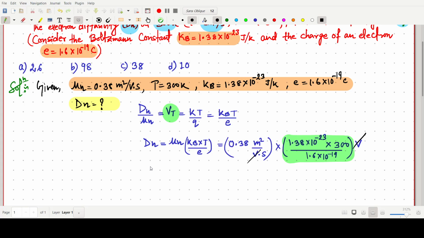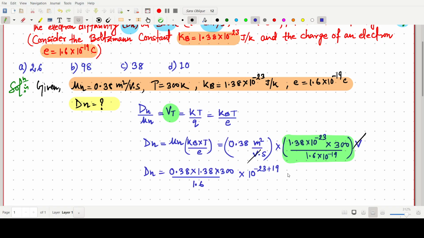So if we solve this, we can write Dn equals 0.38 into 1.38 into 300 divided by 1.6 into 10 to the power minus 23 plus 19.